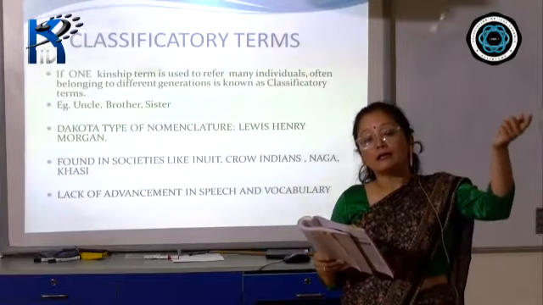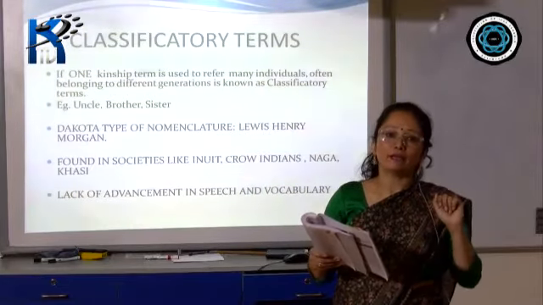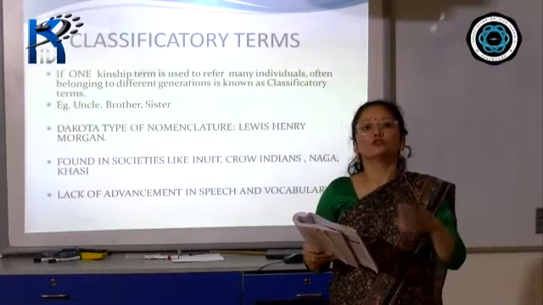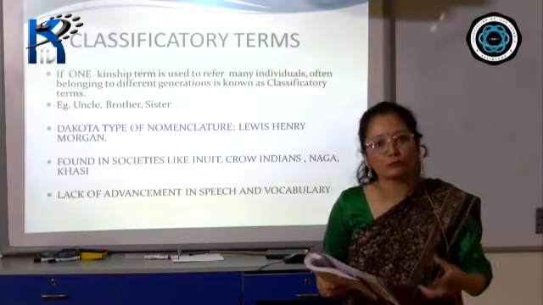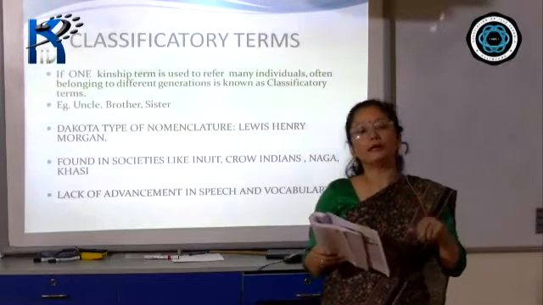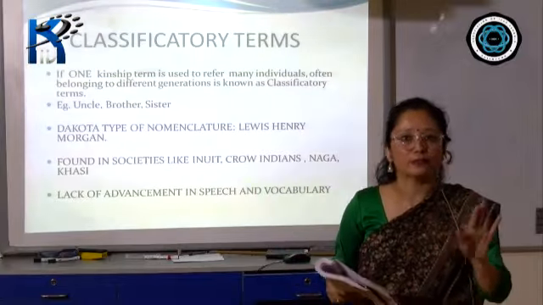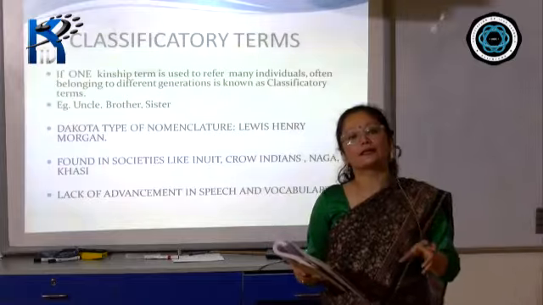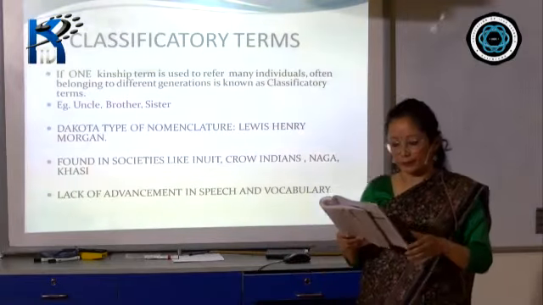But the father and the brother of the wife are referred to by one term, that is Angu. So if you just happen to shout out Angu, probably the wife's father will also look at you and the wife's brother will also look at you. So I feel I've explained in detail regarding the classificatory kinship term.